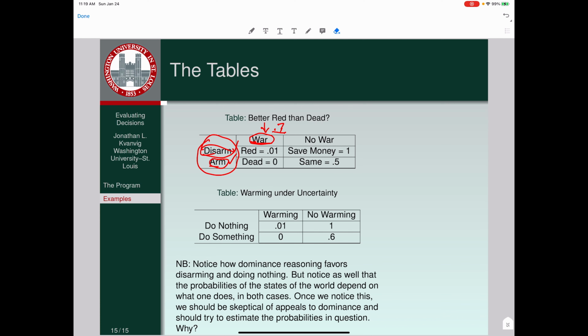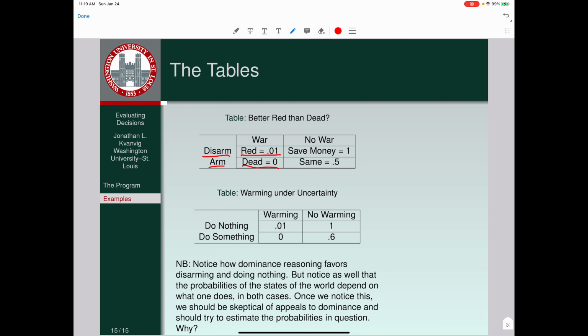But when they're not independent, you don't get to use the 0.7 number in both of these outcome spaces. Similarly, you don't get to use the 0.3 number over here. You have to use the conditional probabilities that are relevant. So here, you would multiply your utility times the probability of war given that we disarm. And if the deterrence argument is any good at all, it ought to be higher than the probability of war by itself, not conditional on anything else.